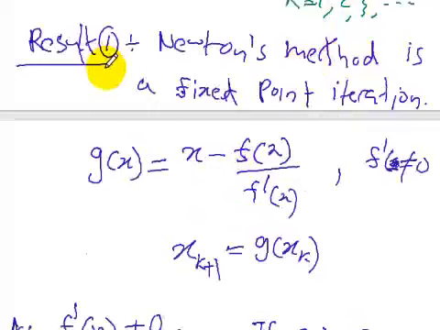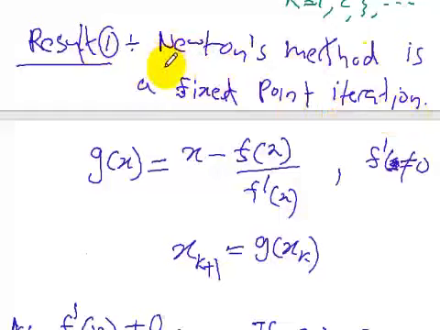So you will now see that not only is Newton's method a fixed point iteration, it is the optimal one, the best one. So we proved that Newton's method is a fixed point iteration.